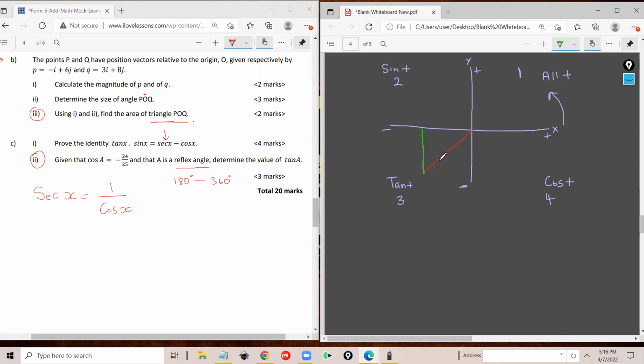The hypotenuse of the right angle triangle, no matter what, is always positive. Whether it's below the x-axis or above the x-axis, it doesn't matter. It's always positive. So let me just help you out a little bit here. The examiner told us cos A is equal to minus 24 over 25, all right?